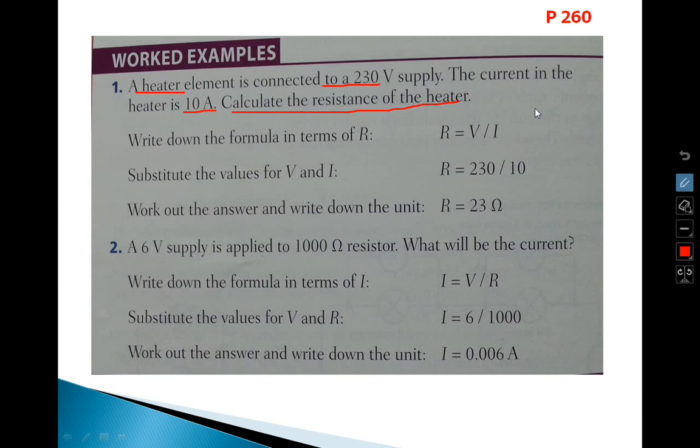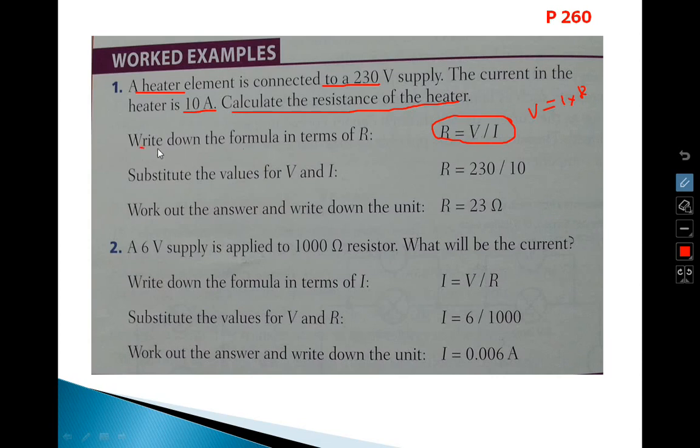From the previous presentation or class, we did find a relation or a formula between R, V and I. R is equal to V over I, where R is the resistance, V is the voltage, and I is the current. So V is equal to I times R. It's easy to swap them.